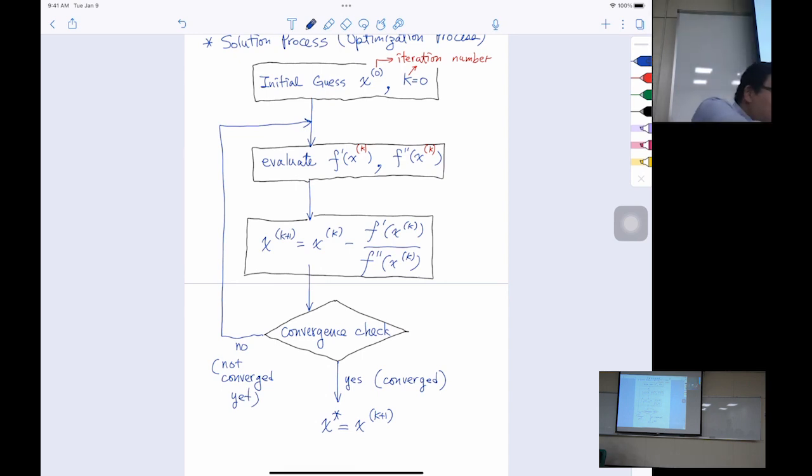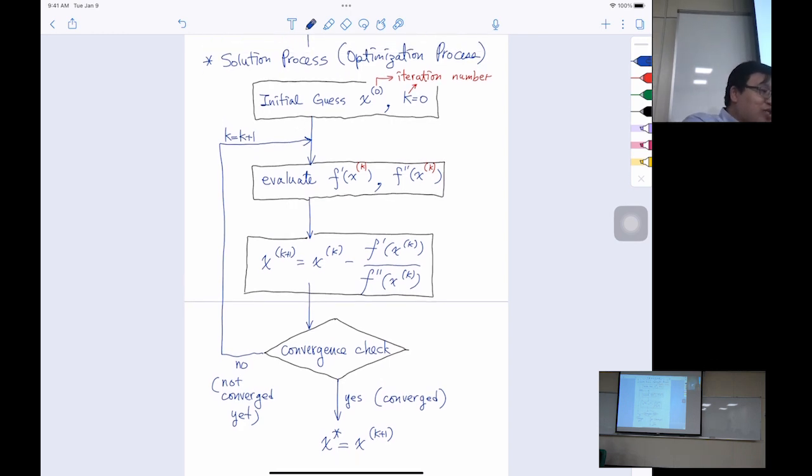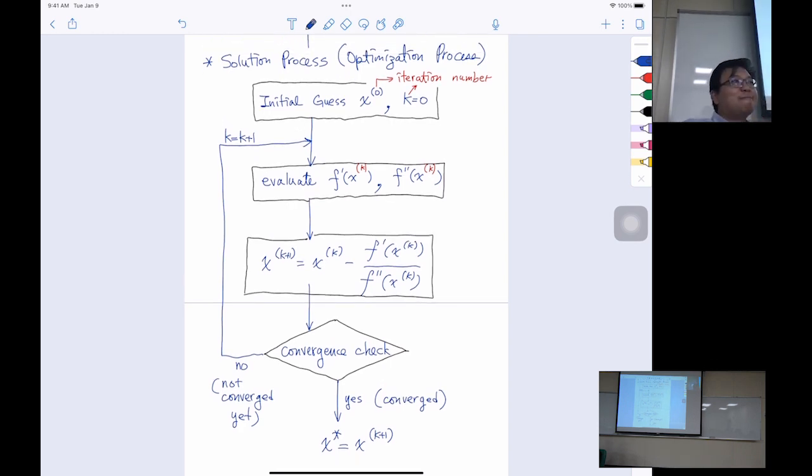You go back to the top position, and your iteration number advances by 1. So that's the complete solution process of Newton's method.